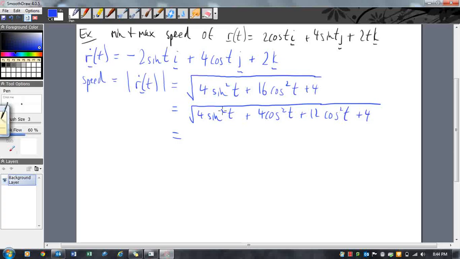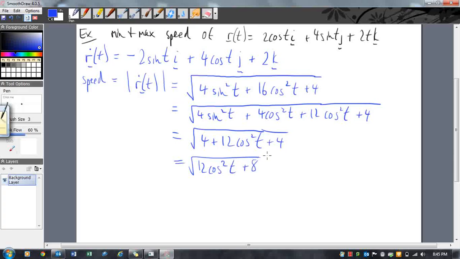Because that's 4 lots of sine squared t plus cos squared t, which is equal to 1. So that's 4 times 1. So that's equal to 4 plus, so that all is equal to 4 there, 12 cos squared t plus 4 equals, let's write it out again, 12 cos squared t plus 8.